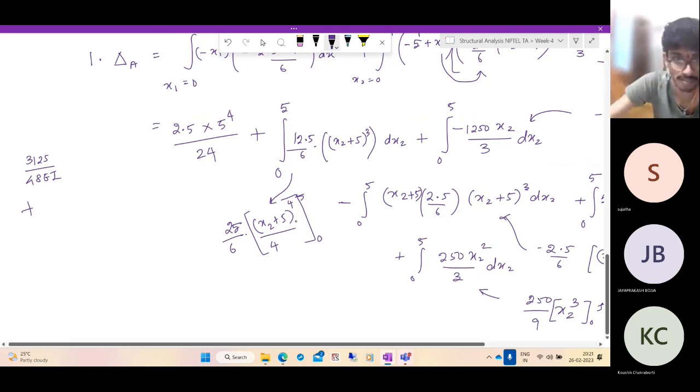Second term is this one, right? You'll get this is positive. So 10 power 4 minus 5 power 4 by 4 into 25 by 6.